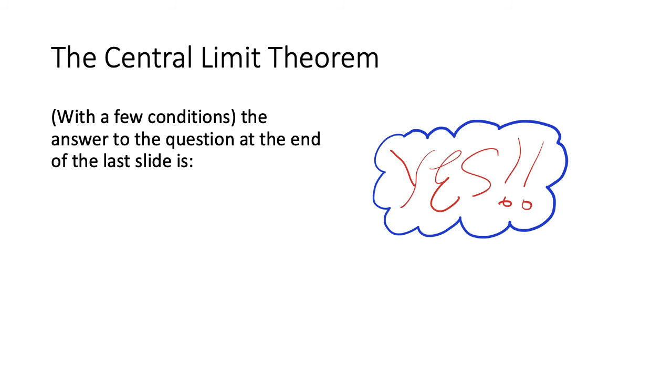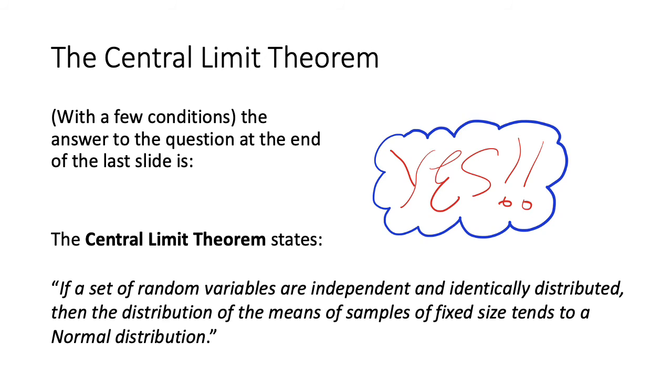So the central limit theorem says if a set of random variables are independent and identically distributed, then the distribution of the means of samples of fixed size tends to a normal distribution.